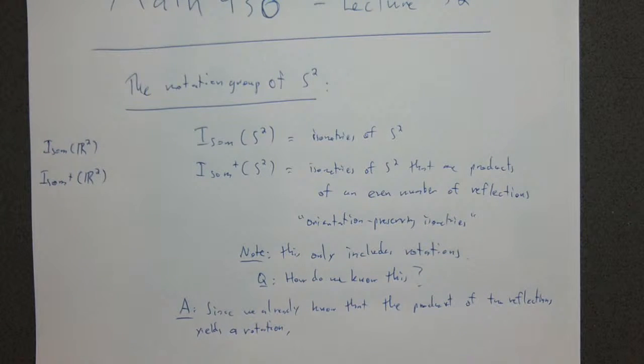In order to be done, what do we need to show? We need to show that the product of any even number of reflections is a rotation, right? But because we know this, what do we need to say?